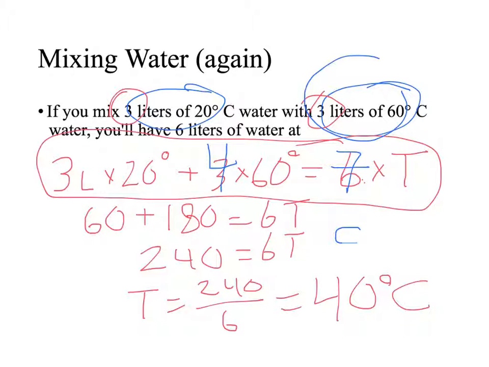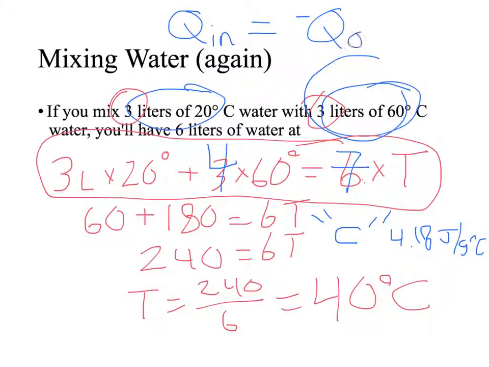Now this equation does away with the value of C for water, which is 4.18 joules per gram degree Celsius, because both substances are water. When we do the Q in, the heat in is equal to the minus of the heat out.